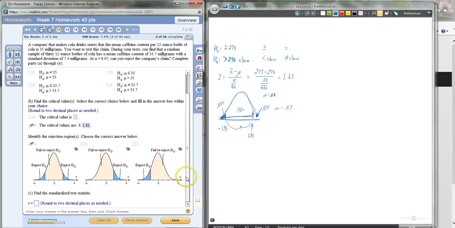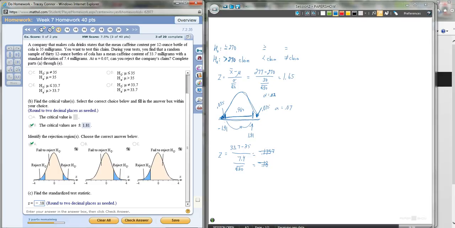And then we need to find our z-score. So what we're going to do is take this 37. This is the sample we found. So this is our z-score, and we're going to subtract off what we're testing against, which is the 35. And then we need to use our standard deviation, which is 7.4, divided by the square root of the sample size.